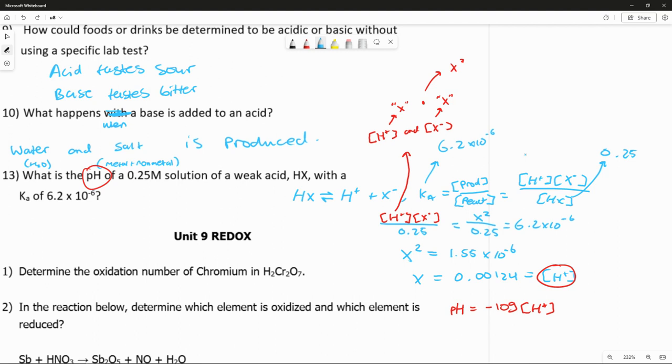Negative log that, and you will get a pH of 2.9 as your final answer. We know that a pH of 2.9 is less than 7, which makes it an acid. So the pH is 2.9, and it is an acid. That is your final answer, and you are done.